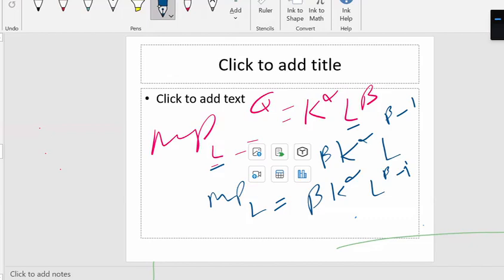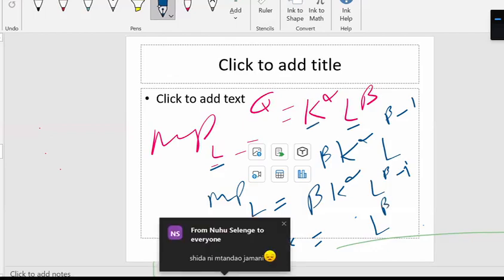What about marginal product of capital? Manake I have to hold this one constant. Hii labor inabaki kama ilivyo because I'm differentiating with respect to what? To K. If I'm differentiating with respect to K, manake itakuwa ni K alpha lazima nitoe na ngapi?